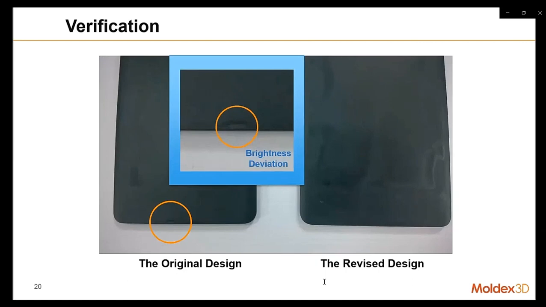And when we edit our geometry, the sink mark is no longer there. On the right-hand side, we can see the surface quality is much better. We almost cannot see any sink mark. So by using this way, we can deal with sink marks by using Moldex3D.